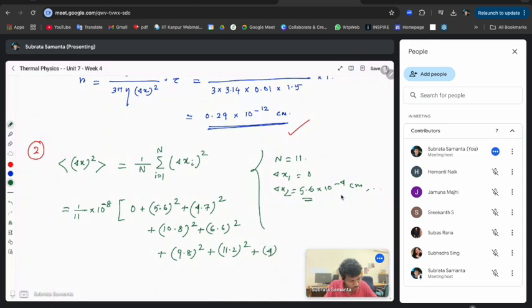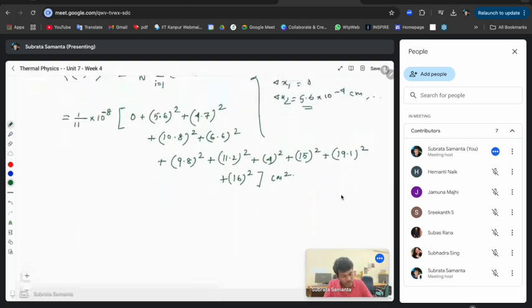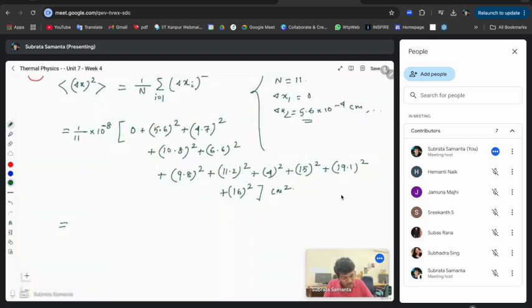Then 4 squared plus 15 squared plus 19.1 squared, and the last one is 16 squared, and the unit is centimeter squared. Now if you use your calculators to calculate the sum, at the end you get 117.9 times 10 to the power minus 8 centimeter squared.